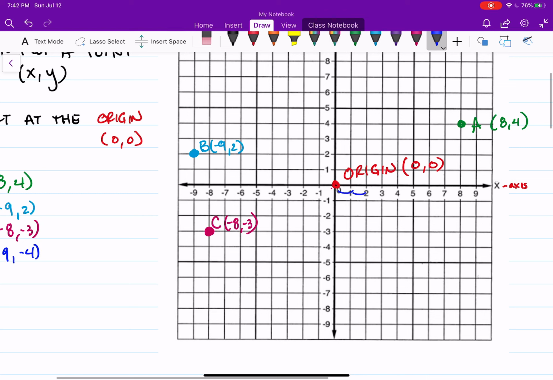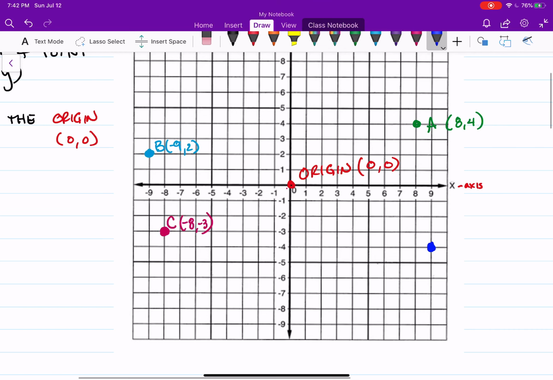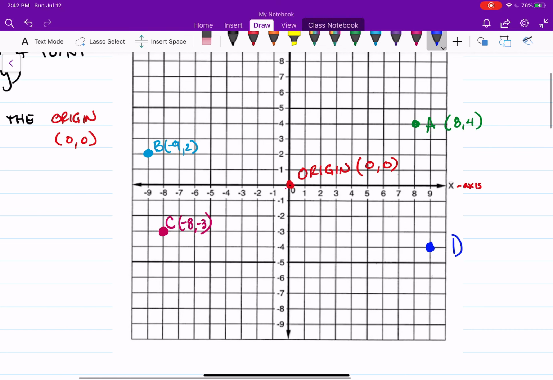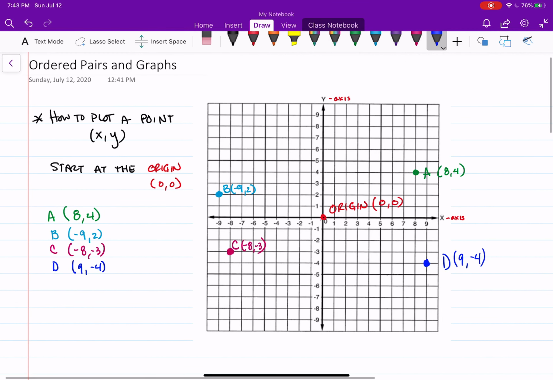So 1, 2, 3, 4, 5, 6, 7, 8, and 9, and then down 4, 1, 2, 3, 4. There it is, and this is my point D, and that is (9, -4). Okay? So notice how I move those.